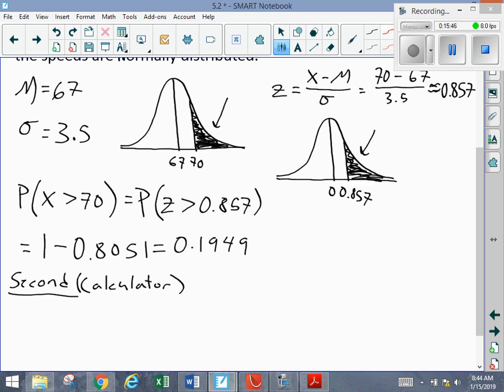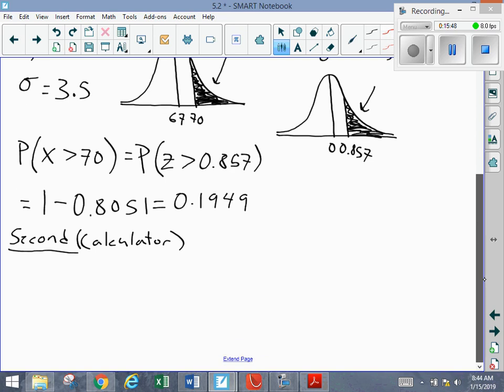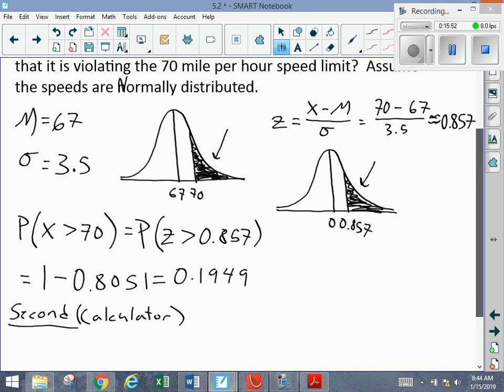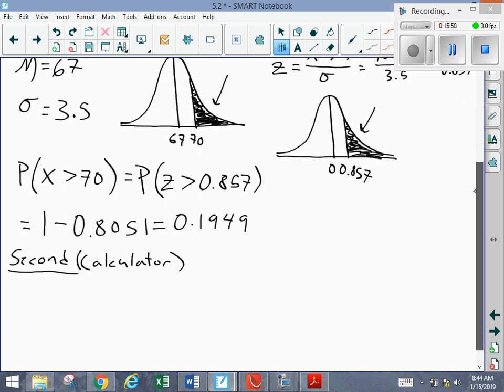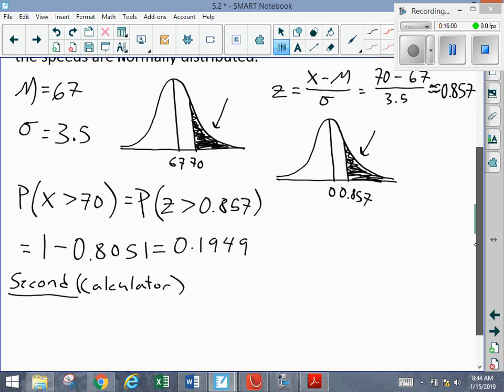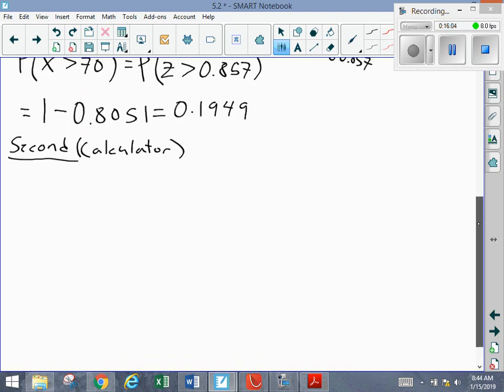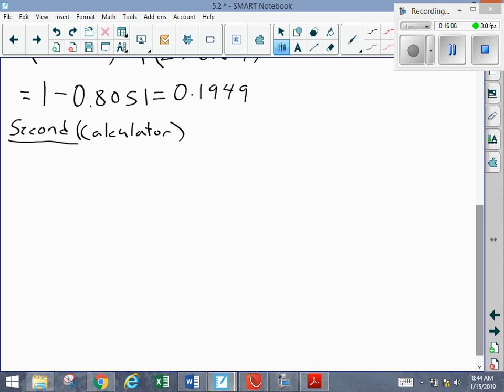I'm going to show you what your answer should look like when you answer it. So if you're going to do it using a z table, this is the correct way to approach it. Okay, this is the work that you need to show. If you're going to do it using a calculator, you have to say that your mean is 67, standard deviation is 3.5.